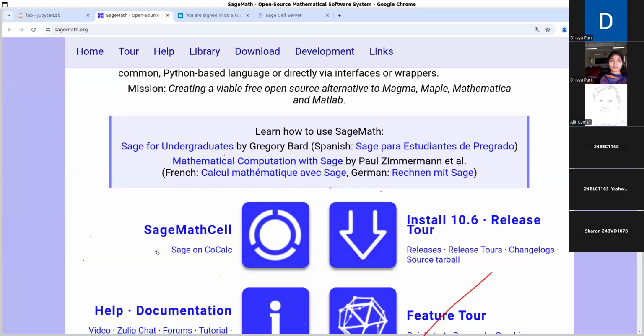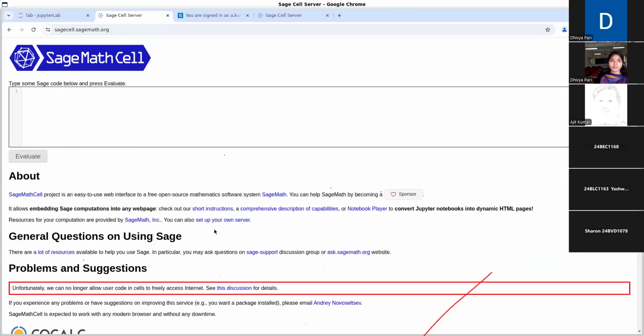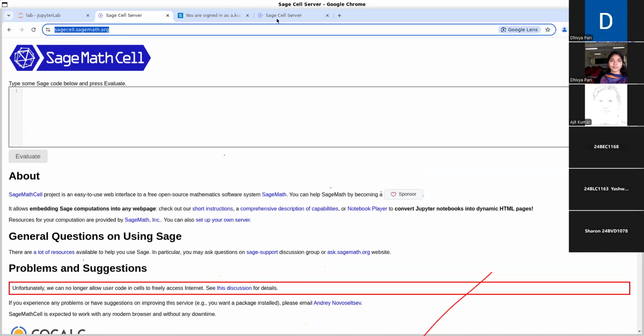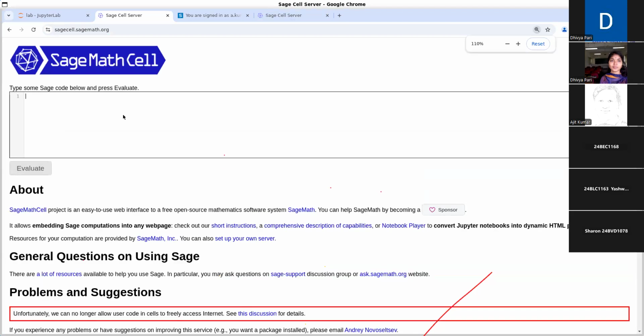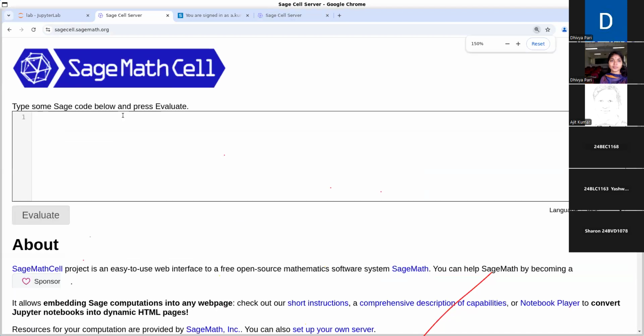But you can also use it online. For example, if I click on SageMath Cell, this is where you can type everything, all these codes. Let me also put this link in the chat box. You can open this, and this is where you can type anything. For example, if I want to add two numbers, I can simply type this number plus another number and evaluate.